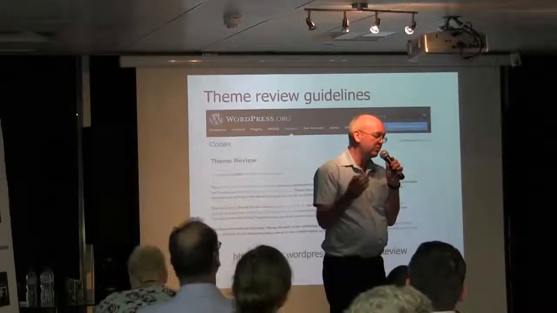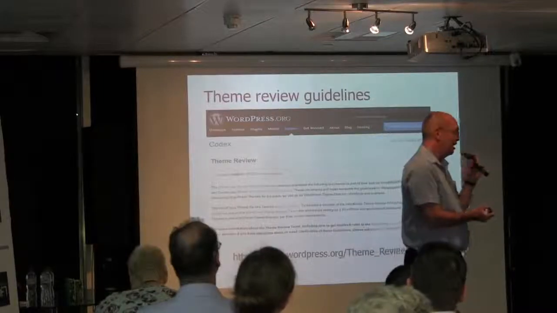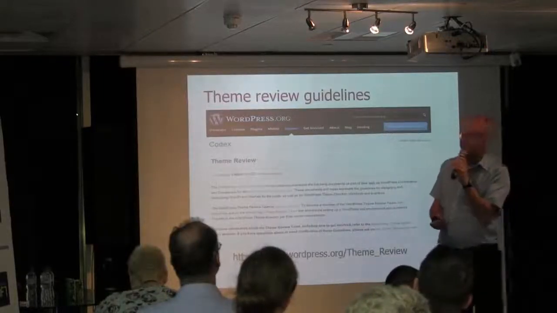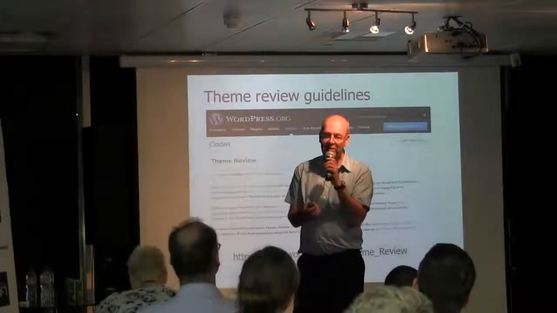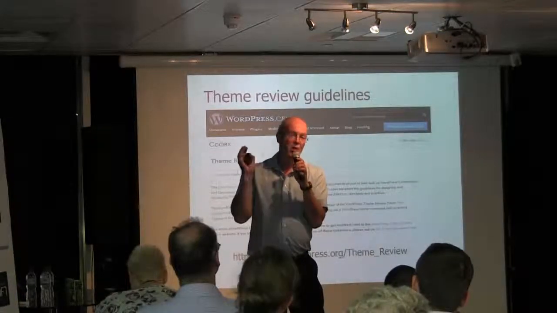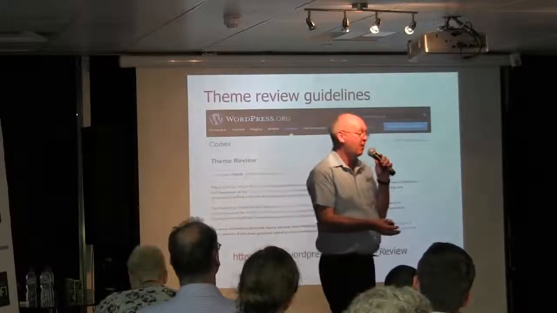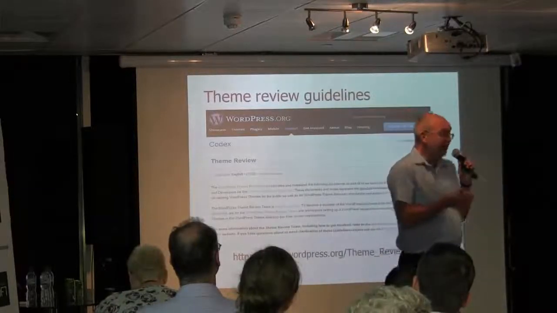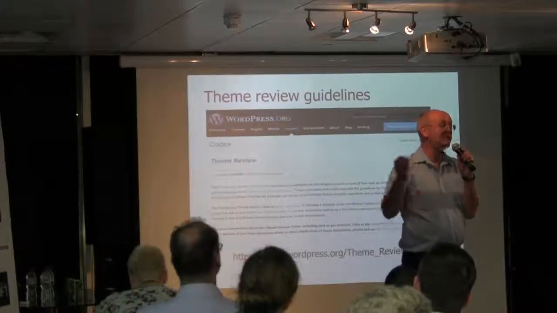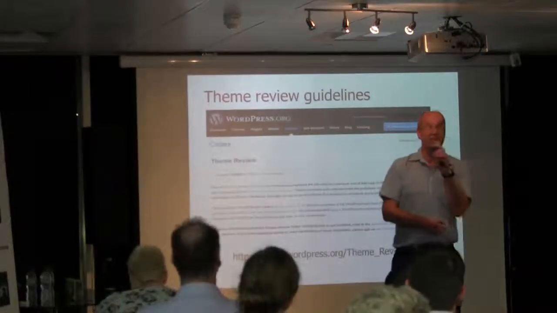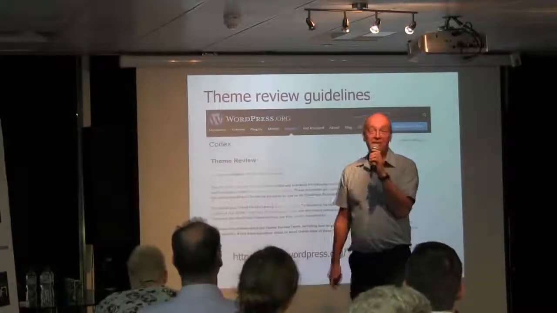And there's a whole test to go through. It covers such things as coding standards, how to use various action hooks, what template files need to be included. And there's a whole load of advice in there about building themes that's relevant even if you're not building a theme to put on the WordPress repository, because it's a list of best practices. That's what it is, effectively.